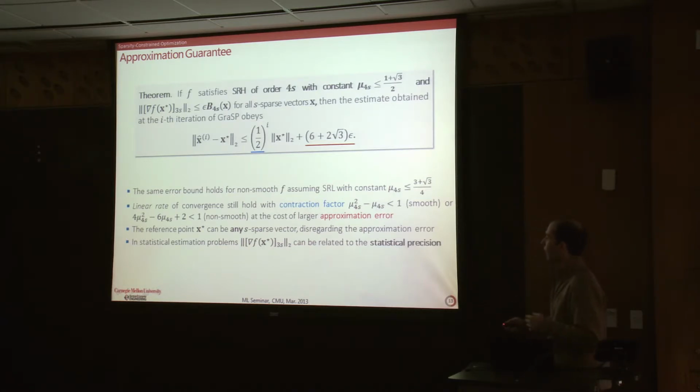For example, in a statistical estimation problem, you can assume that X star is the true parameter of your model. Then the approximation error, which depends on the gradient of f at X star through epsilon, can be related to the precision of the estimation.